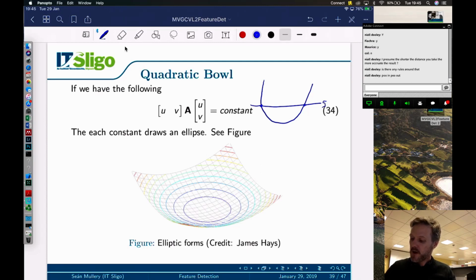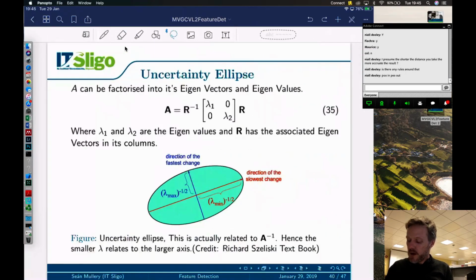In the 2-dimensional direction, that actually maps out a full, it's not a circle because the bowl could be differently shaped in the x and the y direction. So we actually map out an ellipse in each of these cases.